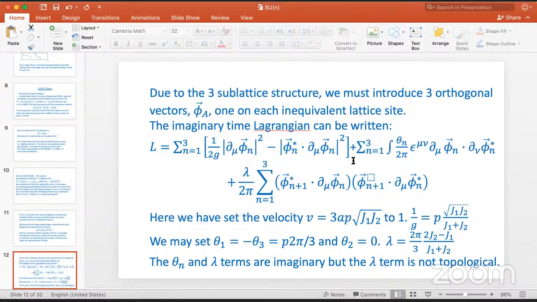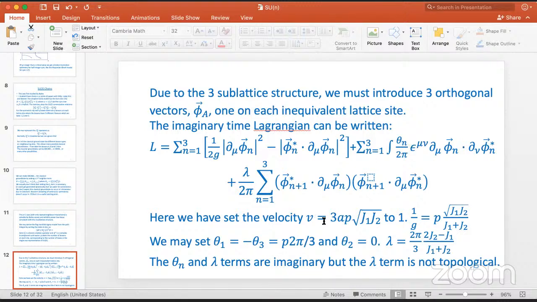And there's a topological term. And there's also another strange term which is imaginary, but which is not topological. So these three phi n vectors are basically 3 CP2 vectors, which are orthogonal to each other. And that's what we can derive from the path integral.